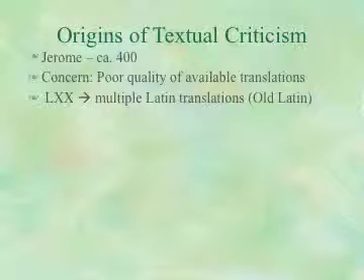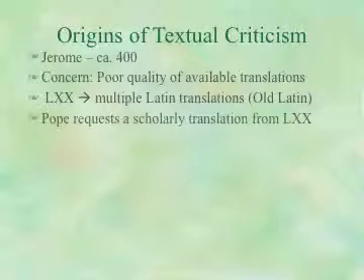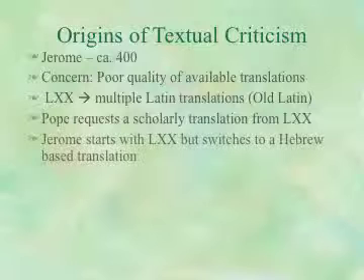And the Pope's idea was he wanted Jerome to take the Septuagint, the Greek translation of the Old Testament, and create an official Latin translation. This would be for the Western or Latin-speaking part of the church. They wanted a scholarly translation. So Jerome starts his project, but he runs into some of the same problems that Origen did, finding that it wasn't always clear what the Septuagint was saying.